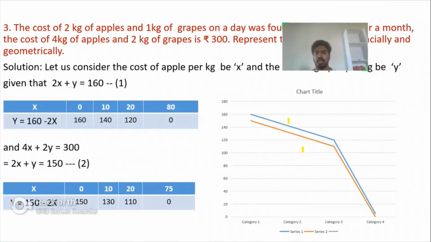We can clearly see that the two lines are not intersecting at any point, but seem to be parallel. They never intersect. It may seem they intersect somewhere in the negative region, but whatever values we have taken, they cannot intersect. This is the geometrical representation of the given two equations.